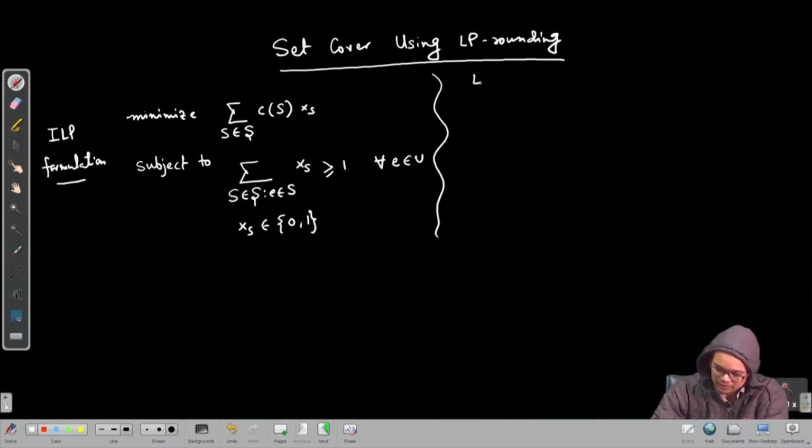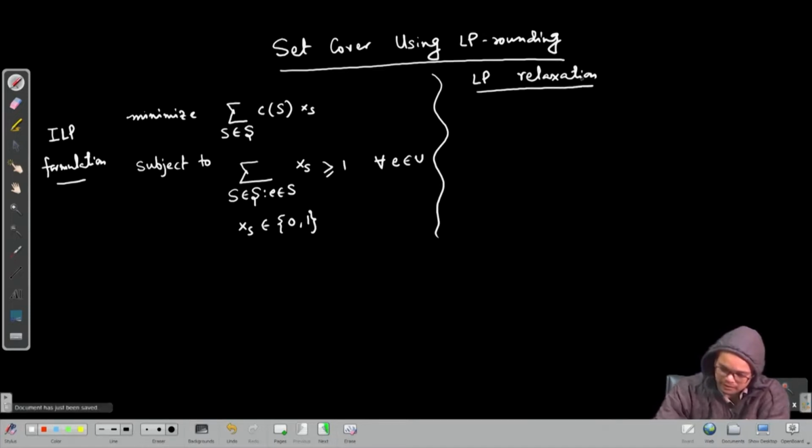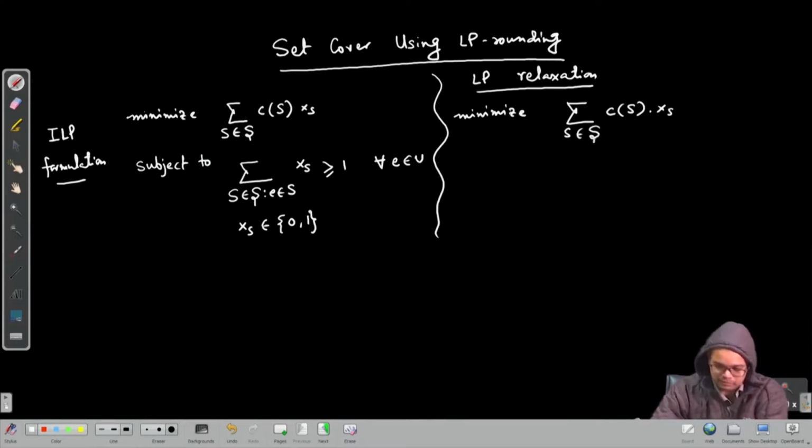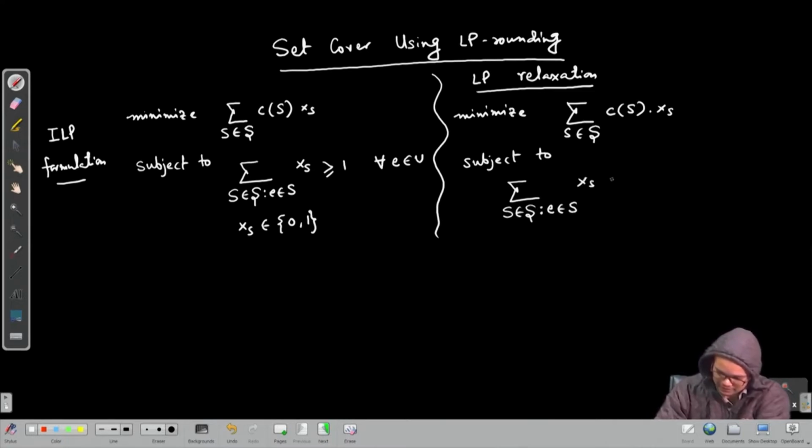Next we relax it, LP relaxation. Minimize summation of cost of S times X_S, S in script S, subject to summation over S in script S with E in S of X_S greater than or equal to 1.